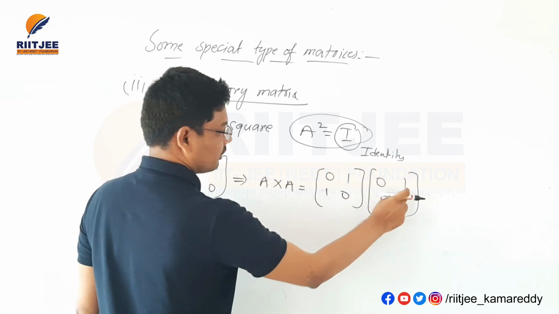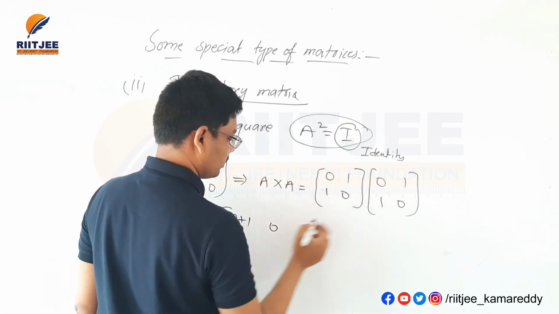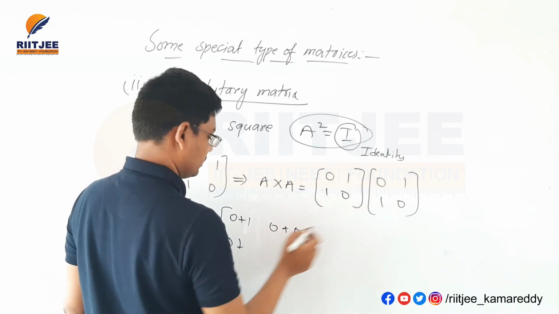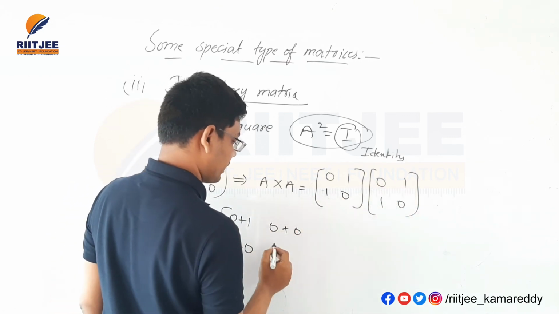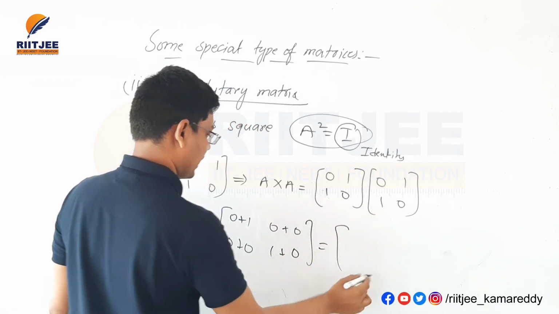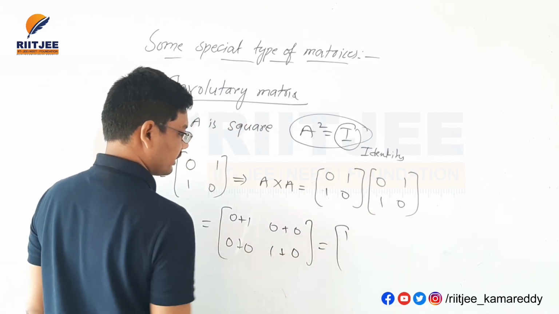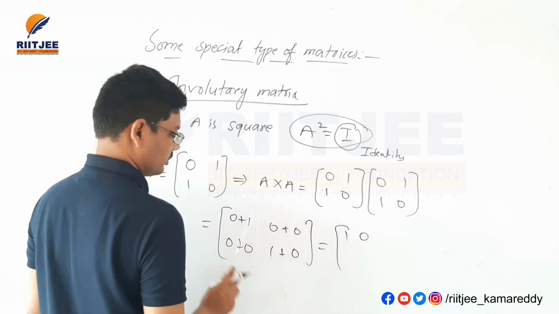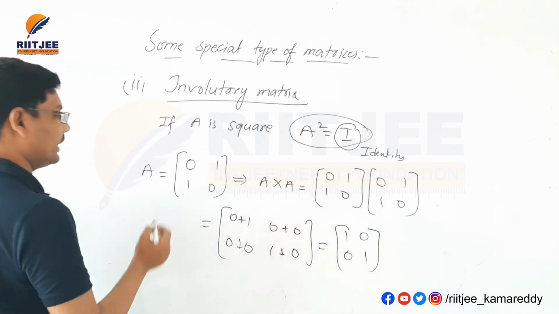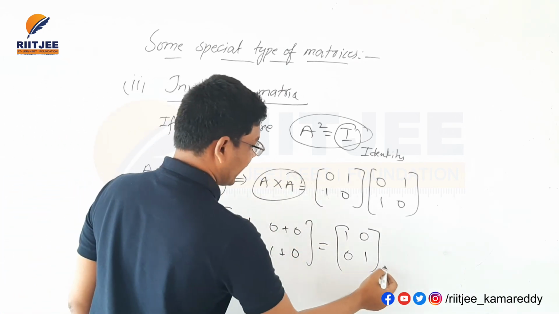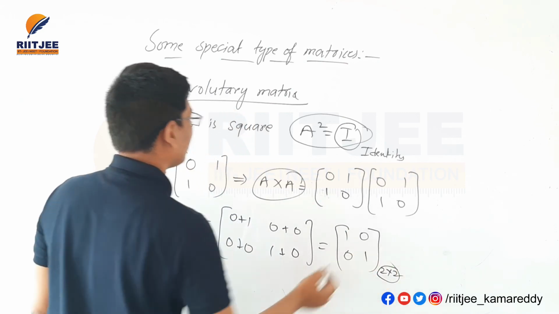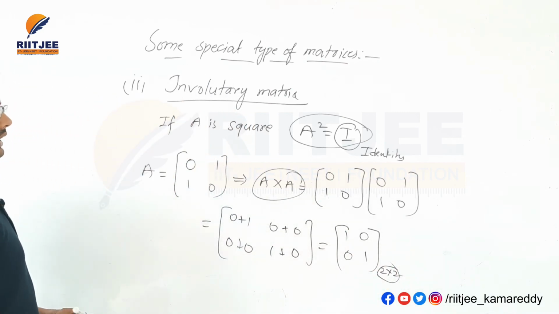Next 0 into 1 is 0 and 1 into 0 is 0; 1 into 0 is 0 and 0 into 1 is 0; 1 into 1 is 1 plus 0 into 0 is 0. This implies 0 plus 1 is 1, 0 plus 0 is 0, 0 plus 0 is 0, 1 plus 0 is 1. If you multiply A into A, we get the identity matrix of order 2 by 2. This is called an involutory matrix.